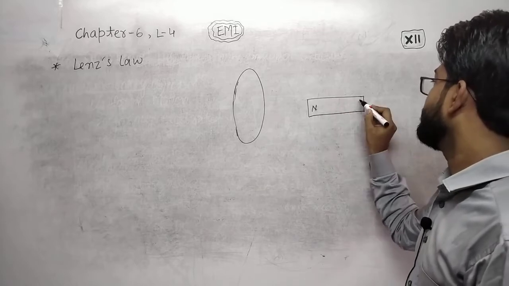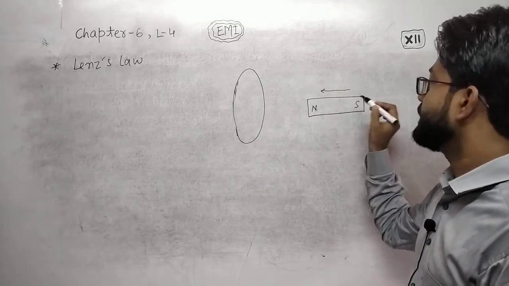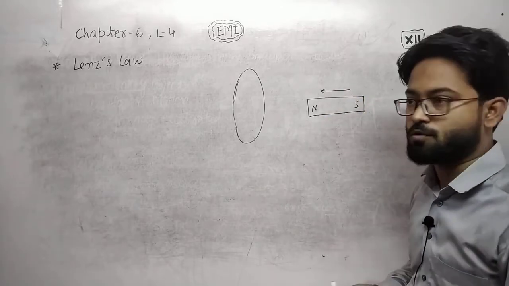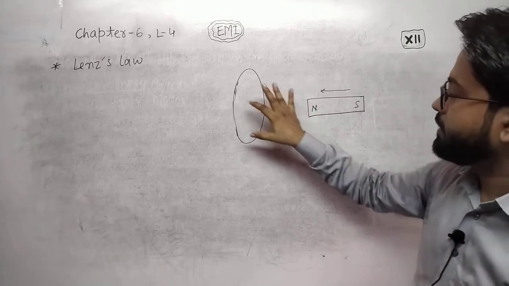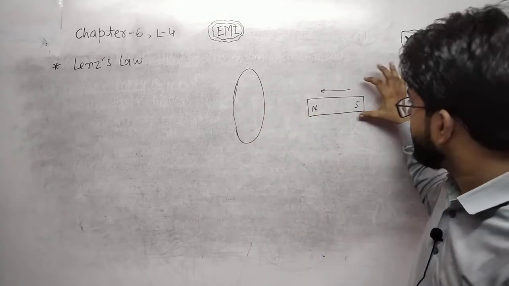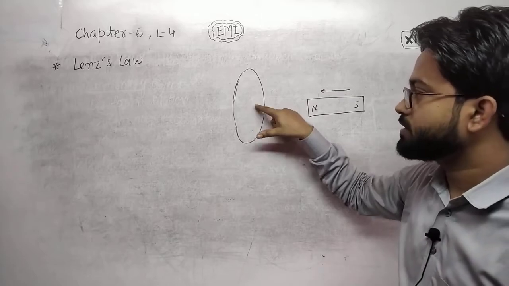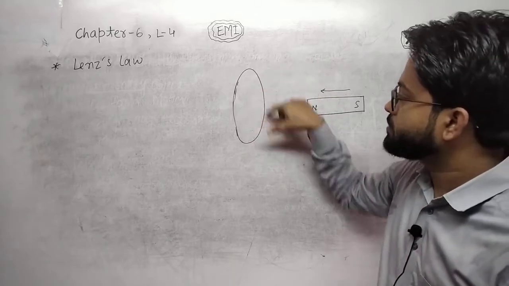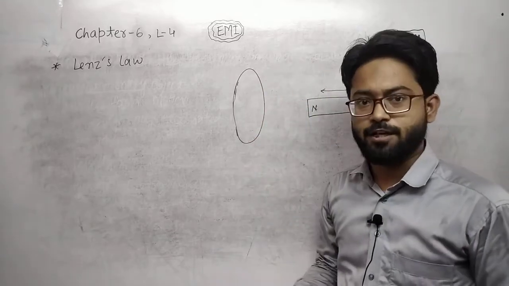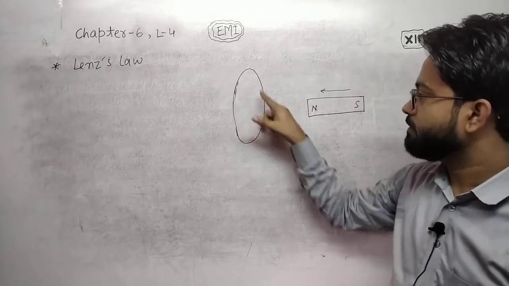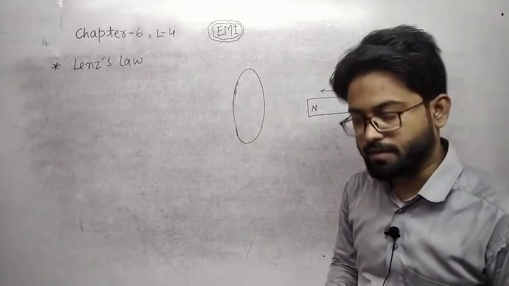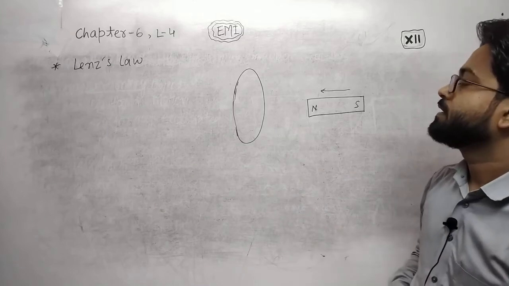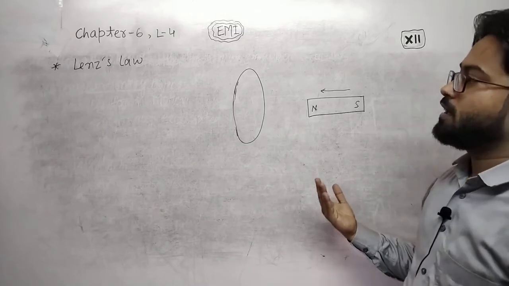This is the north pole and this is the south pole. If the magnet is moving suddenly, according to Faraday's law, current in the coil will be generated, because if it is moving toward the coil, the flux linked with this coil will change, so current will be produced inside the coil. That was Faraday's law.